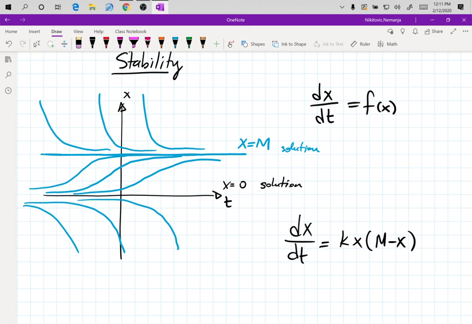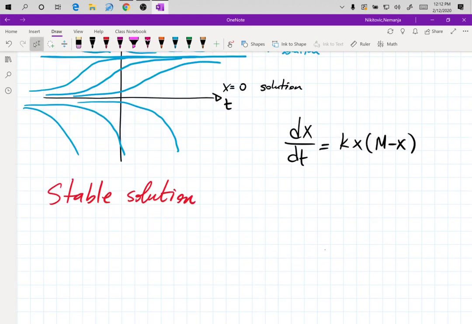So let me see. First, the definition of a stable solution. So a stable solution, a critical point x equals c.